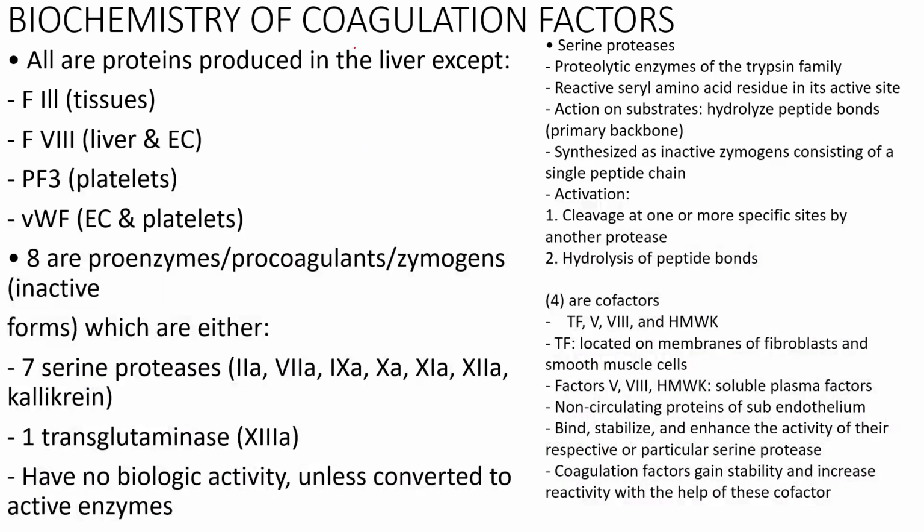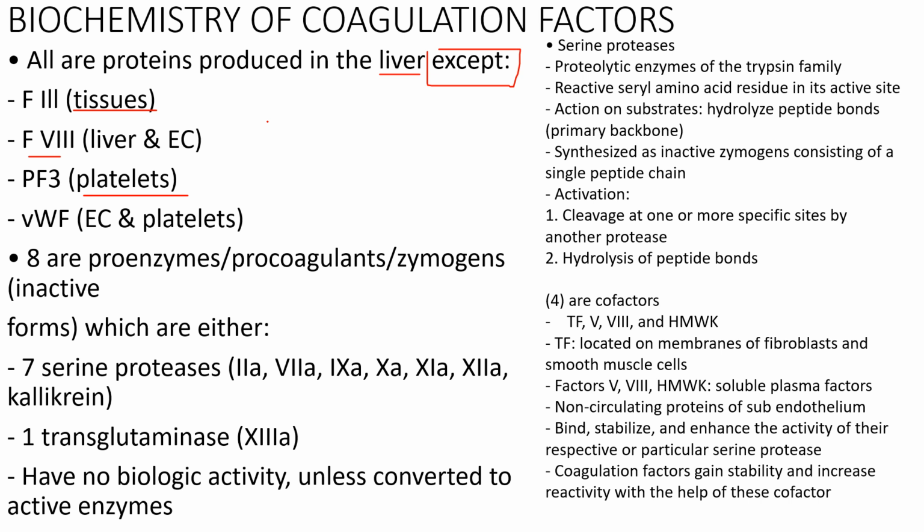Now let's go to the biochemistry of coagulation factors. Your coagulation factors, class, are proteins. They are all proteins produced in the liver except factor 3, which is produced in the tissue, factor 8, which is produced in the liver and endothelial cells, platelet factor 3 produced by the platelets, and von Willebrand factor produced by endothelial cells and platelets.